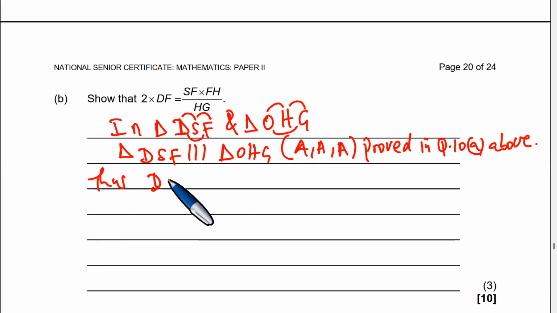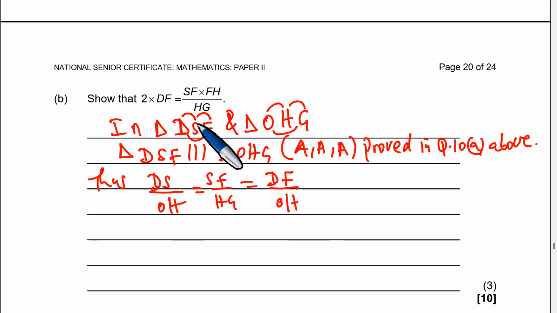Thus you can say things like DS over OH is SF over HG. And then you can write things like DF over OG.